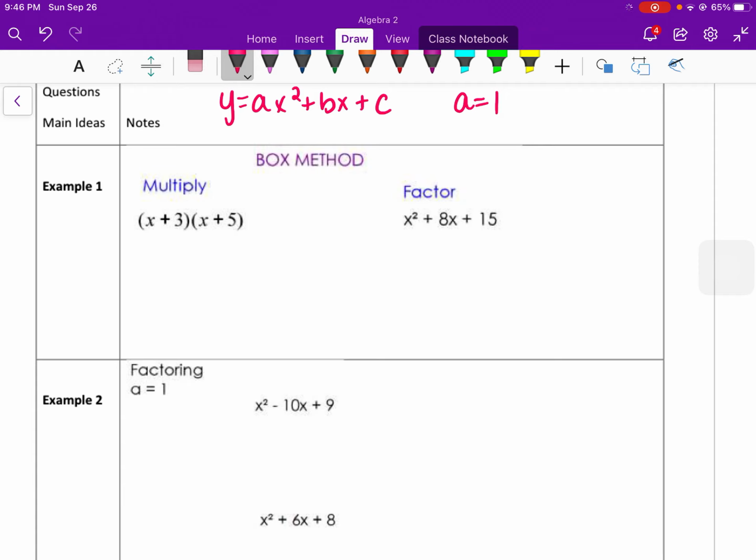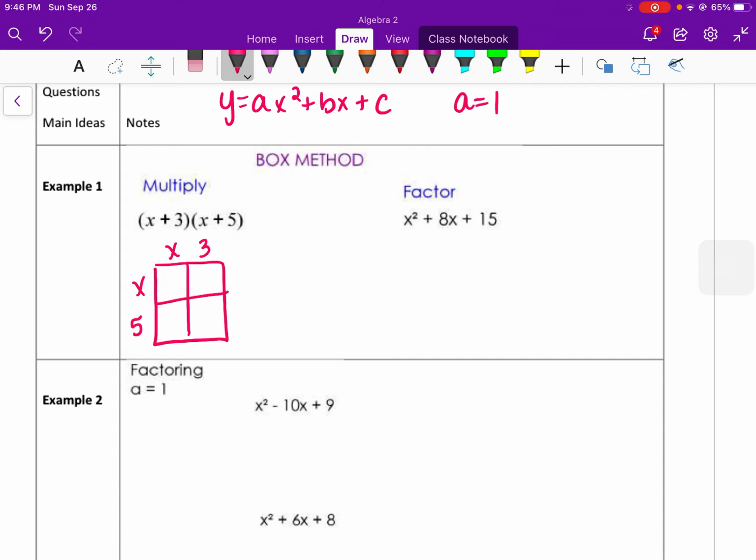I don't know if you remember, if you learned the box method for multiplying. If we multiply the quantity x plus 3 times the quantity x plus 5, we can use the box to help us organize that. It is a 2 by 2, so I can make a 2 by 2 box.